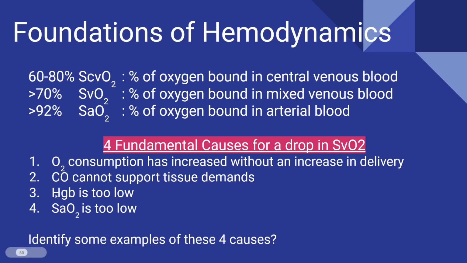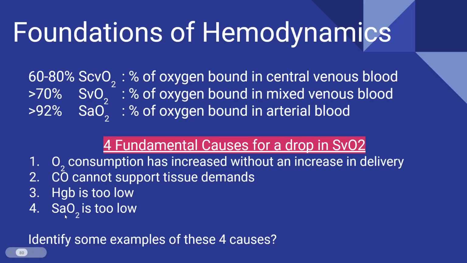Also, if you have a low hemoglobin, if you're anemic or you've had blood loss, where is that oxygen binding to? It's not binding to the hemoglobin, so if your hemoglobin's low, this SvO2 might be low. So what do you do to fix that? You just give blood, or you solve the issue another way.